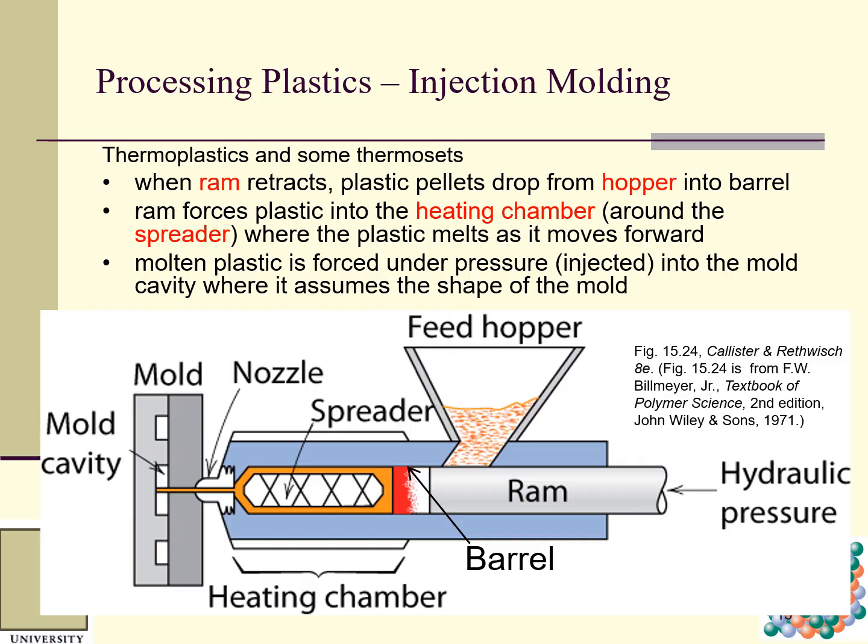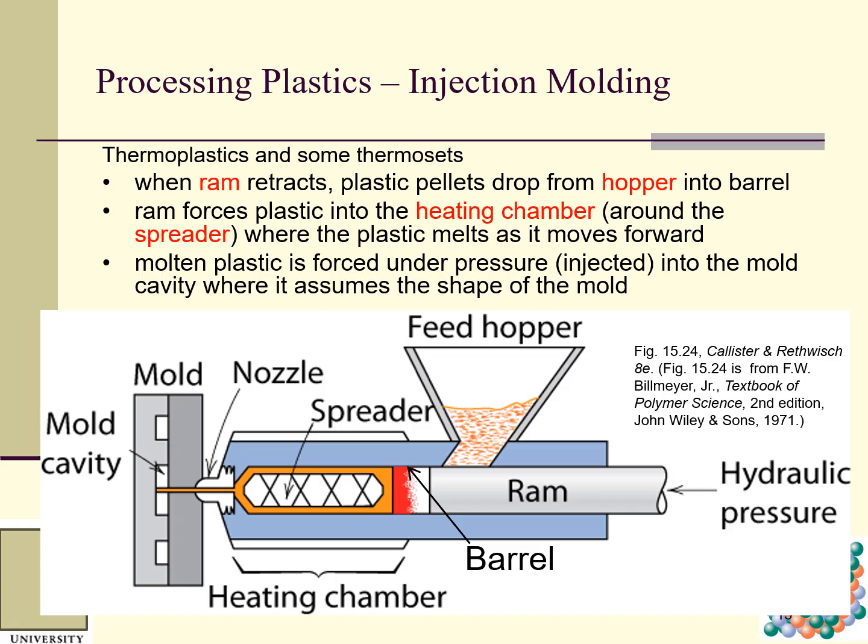Another one of processing plastics is injection molding. I don't know whether you have noticed, we have injection molding downstairs in the MDH building, and you can see that. All right, on thermoplastics and some thermosets, when the ram retracts, this is the ram, plastic pellets, these small beads, drop from the hopper into the barrel. The ram forces plastic into the heating chamber around the spreader.